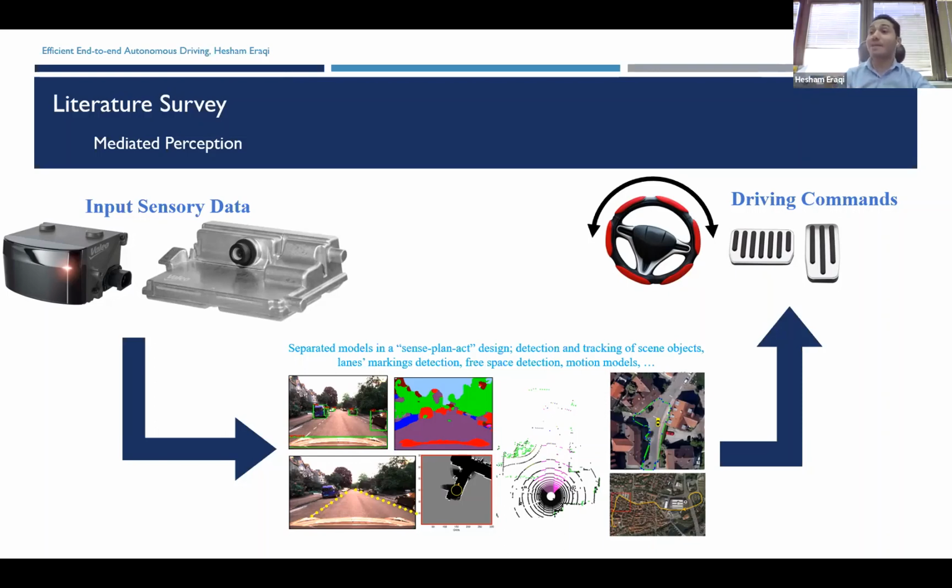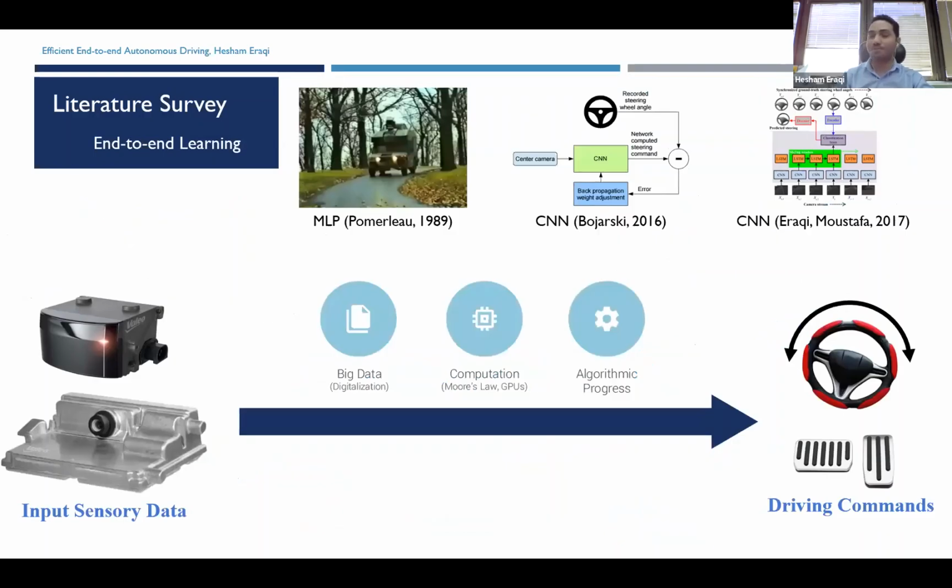You might be doing lots of effort that might be irrelevant to the autonomous driving task. So you are adding unnecessary complexity to an already complex problem. And also many of these subsystems require extensive data annotation.